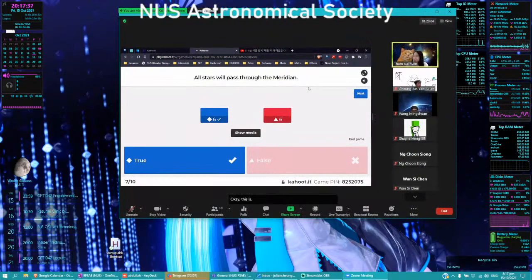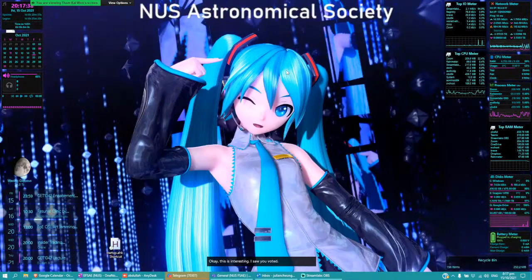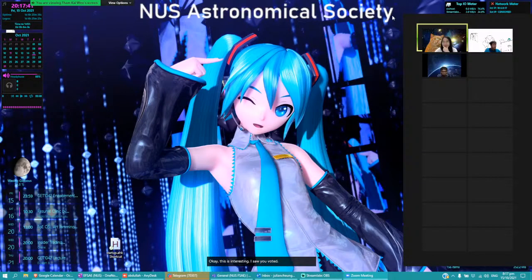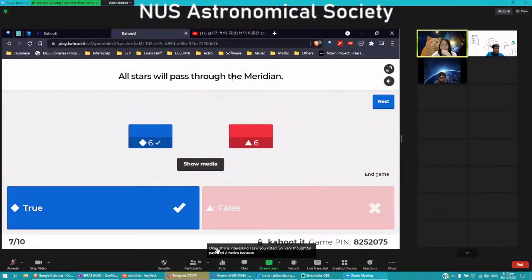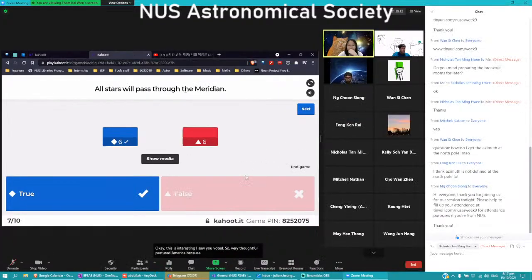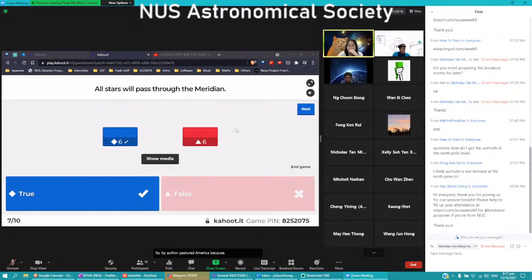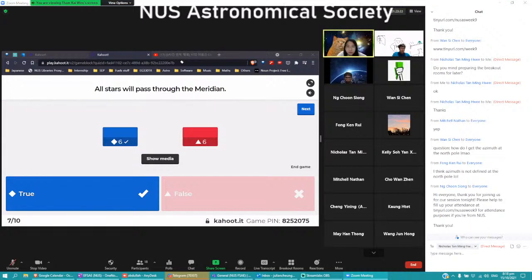Okay, this is interesting. Why is this so divided? So by right, all stars will pass through the meridian because, where's my drawing? Okay, wait, where's the pen now?